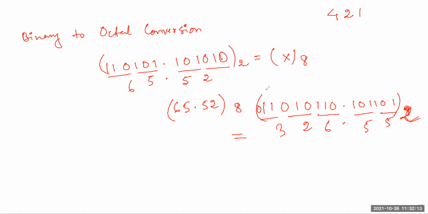Kumar Akash, you have written 2F point double five. No sir, that was by mistake, sir. Yes, sir, F is in the hexadecimal number system.